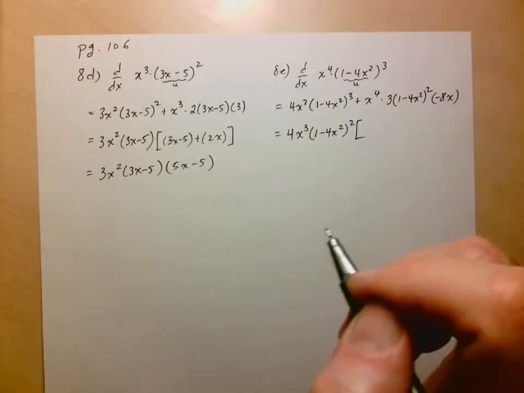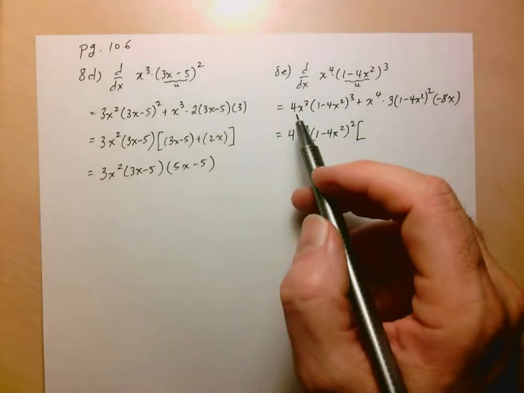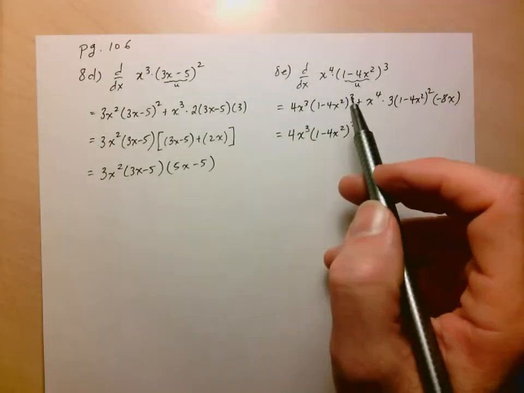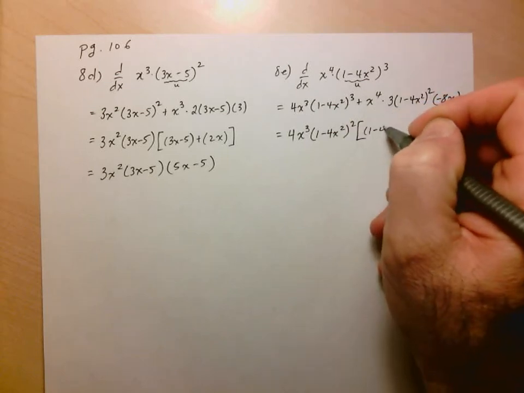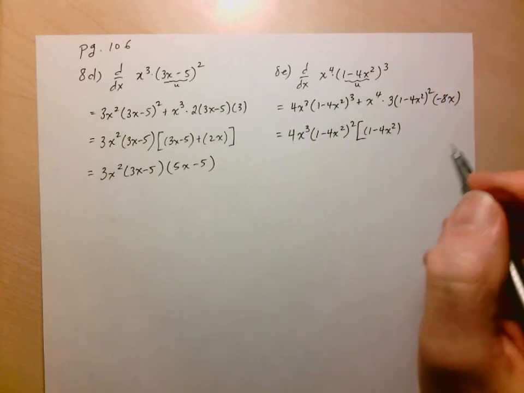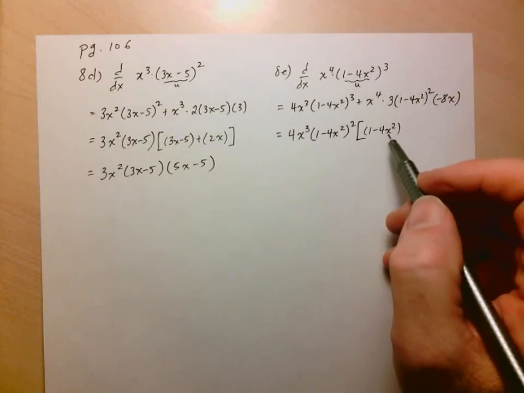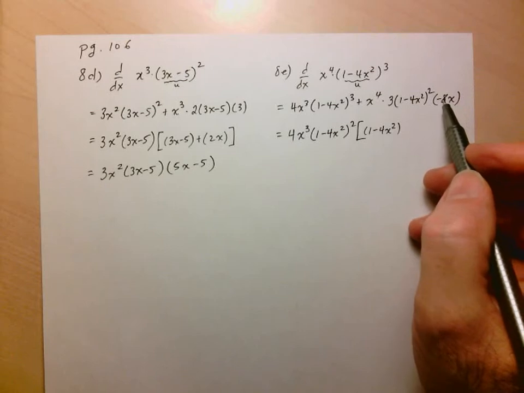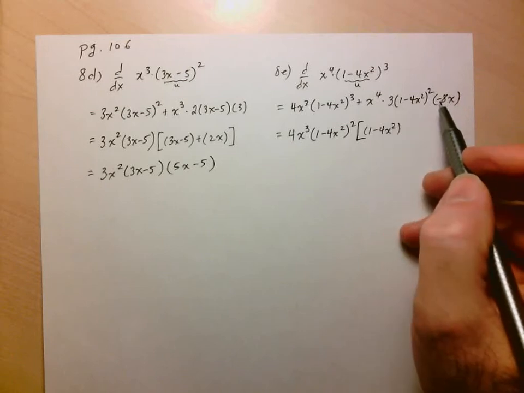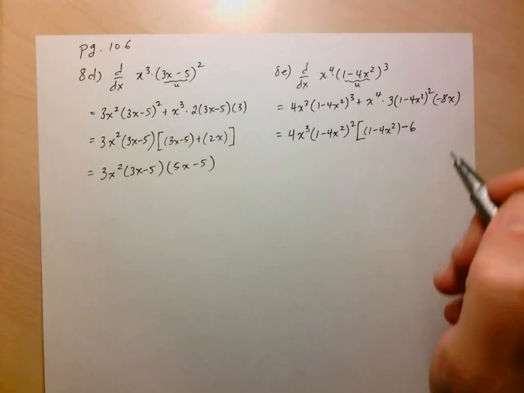Now let's open up a square bracket to group together what we have left. We got rid of the 4, we got rid of the x cubed, and we got rid of 2 of these factors, so I'm left with one of these factors, 1 minus 4x squared. For the second term, we got rid of the factor of 4, so we're left with a factor of 2 times 3, and here it's negative, so minus 3 times 2 is 6.